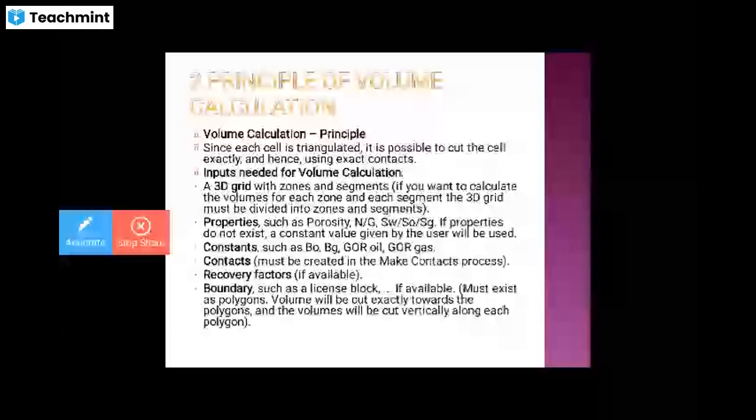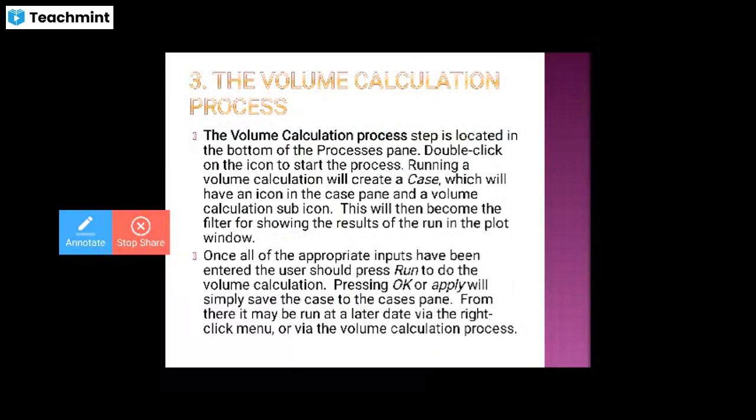Then the volume calculation process. This step is found at the bottom of the process pane. You have to double click on the icon to start the process, and you have to run the volume calculation, which will create a case which will have an icon, the case icon, and volume calculation as a sub icon. This will become the filter for showing the results of the first run in your window plot.